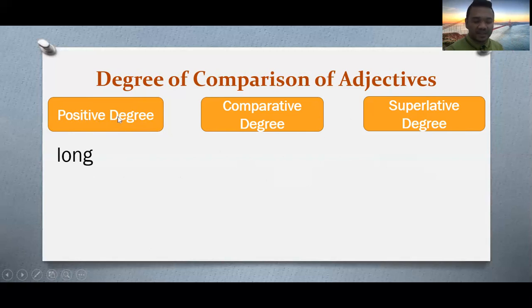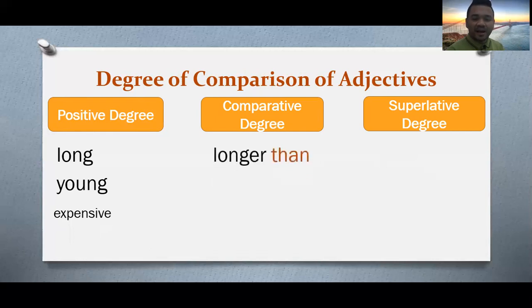We have the positive degree: long, young, and expensive. These are adjectives. Now, how can we create the comparative degree from the positive degree?